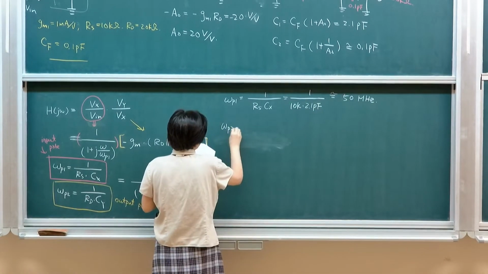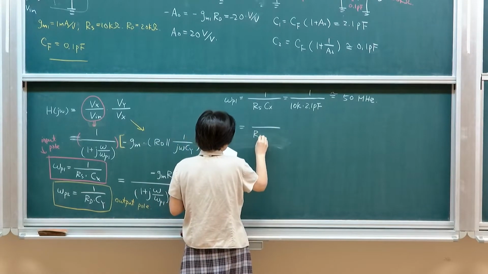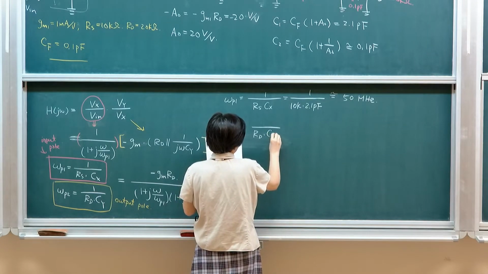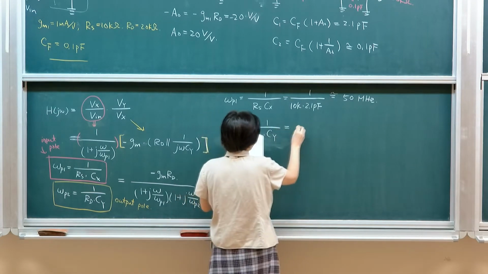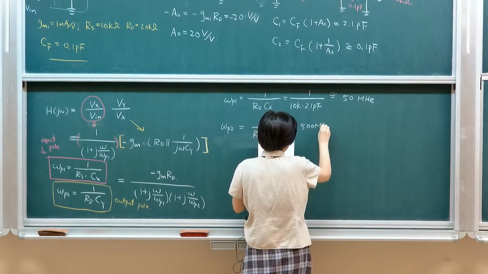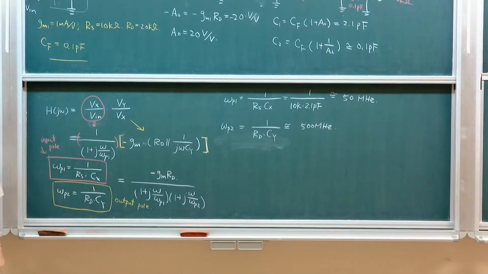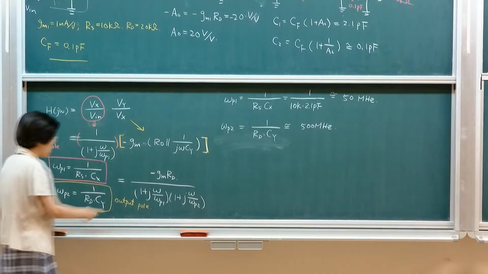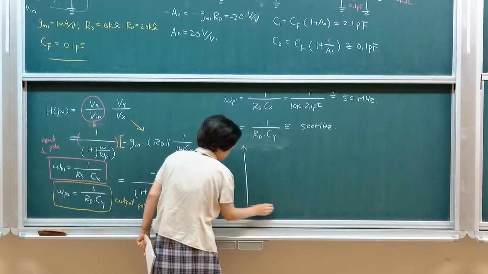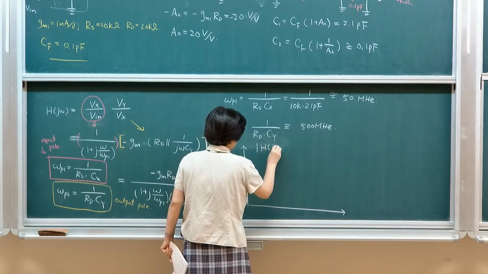And omega p2, because the loading capacitance is much lower, even though its resistance is slightly larger, gives approximately 500 megahertz. So once we have these, we should be able to do our Bode plot. If you want to plot the gain, we're only going to look at the gain.